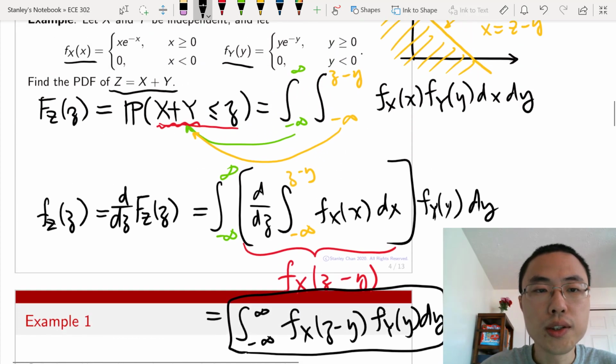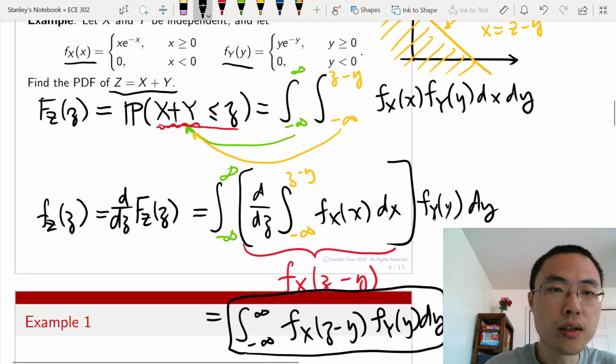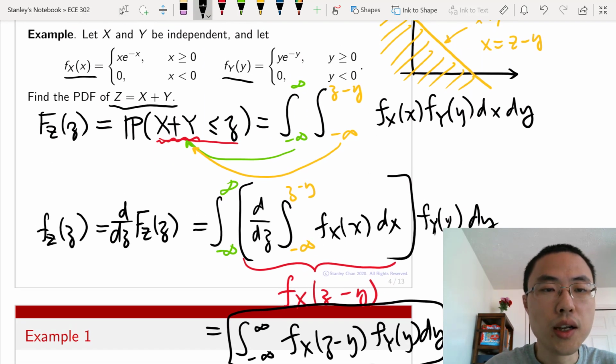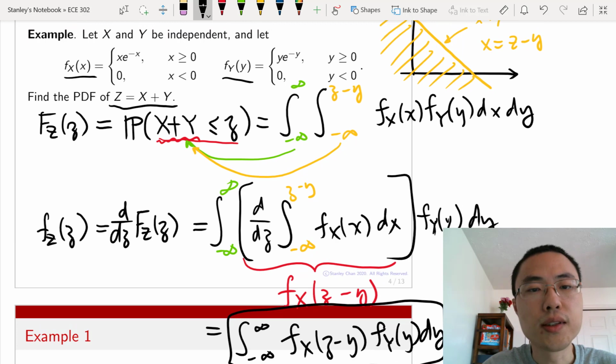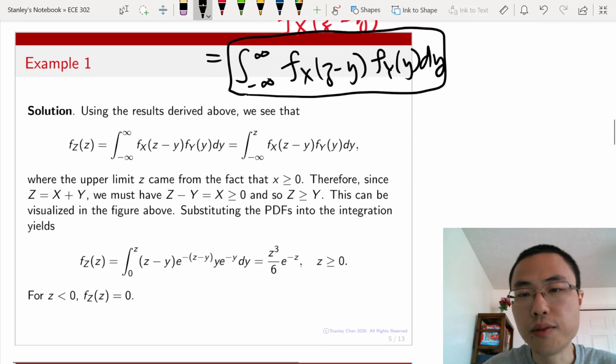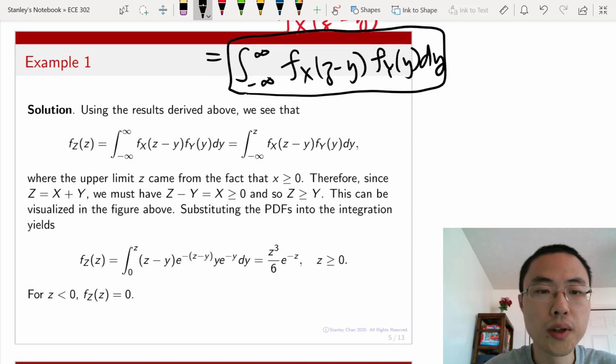So what is the bottom line here? The bottom line is that, without worrying about the specific forms of fx and fy, the equation that corresponds to this PDF is given by this form. It is the convolution.